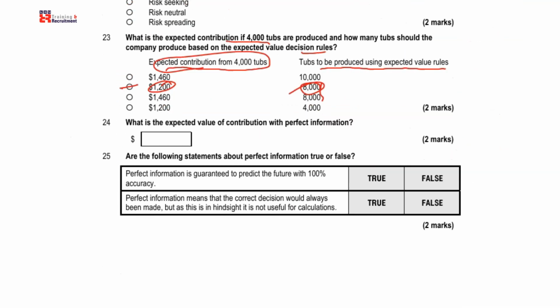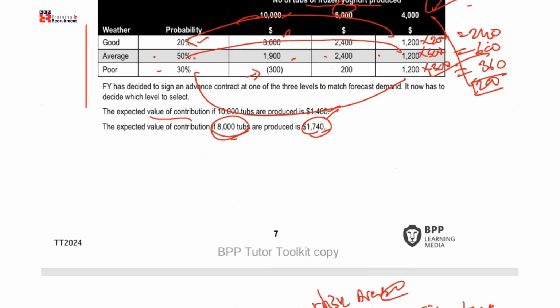Number 24, what is the expected value of contribution? Remember, expected value of contribution with perfect information is not asking for VOPI, value of perfect information, rather asking what is the expected value of contribution with perfect information. If you had the perfect information, I'd like to produce the best out of the best, isn't it? So at this weather condition, what is my best outcome? 3,000.